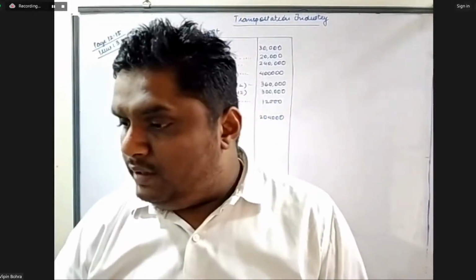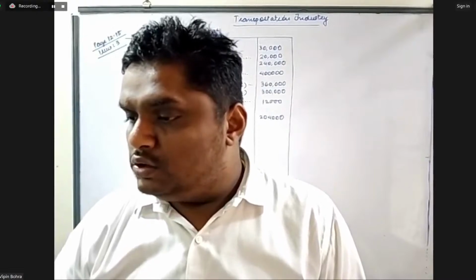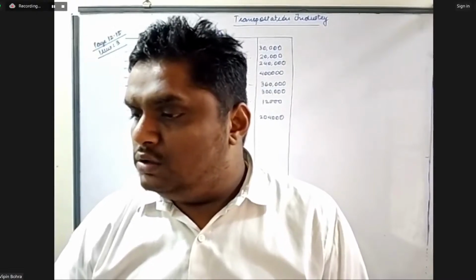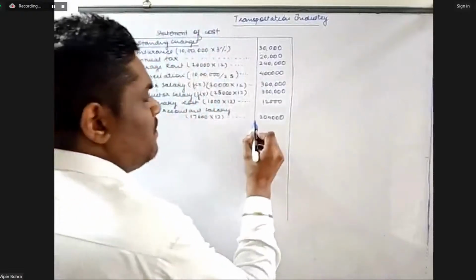Thereafter, the details of petrol and oil is given. So this is a variable cost. So this much is all about fixed cost. So we'll get the total fixed cost.